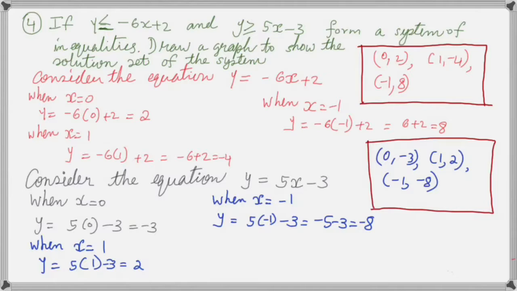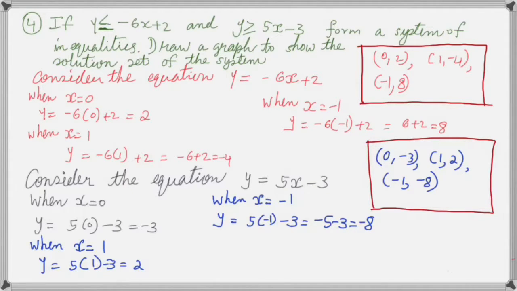So you got one coordinate. Now similarly, find the value of y when x equals 1, and you will get negative 4. Okay, so let's write it down. When the x coordinate is 1, the y coordinate is negative 4. Similarly, find the value of y when x equals negative 1. When x equals negative 1, y equals 8.